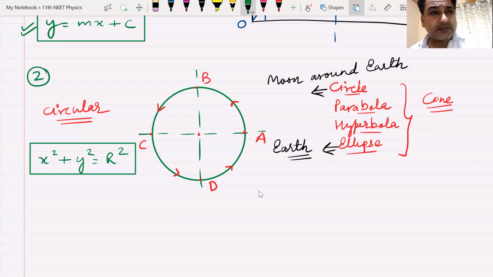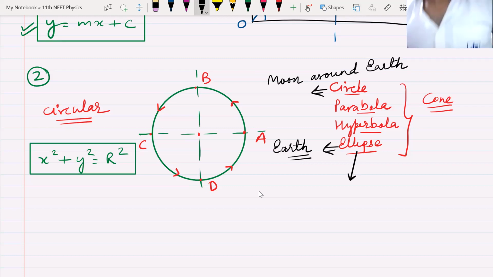Every geometrical path has its equation. What is the equation of an ellipse? Anyone knows it? You'll say, sir, we are medical guys, we don't know it, but you should be knowing it because this equation will come in the chapter of gravitation. Just a minute.